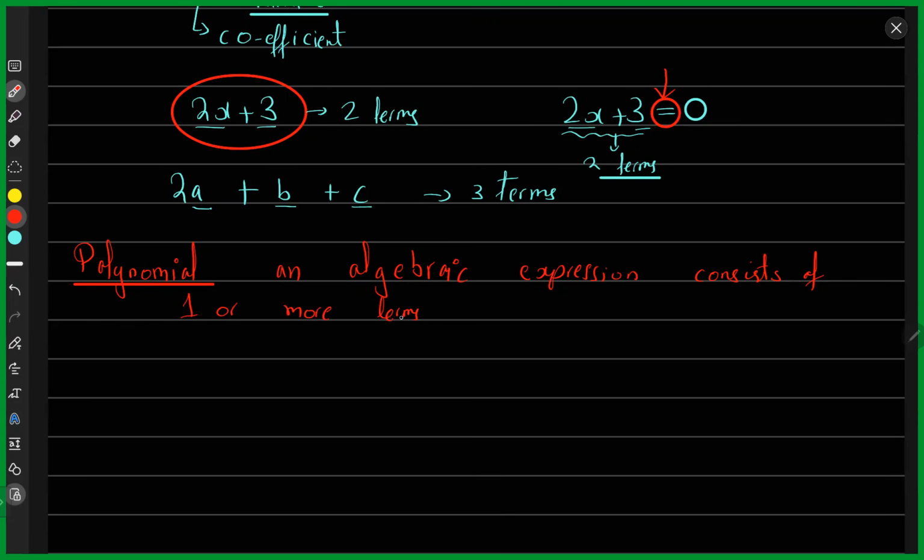Okay. What is a polynomial? A polynomial is just an algebraic expression and it consists of one or more terms.